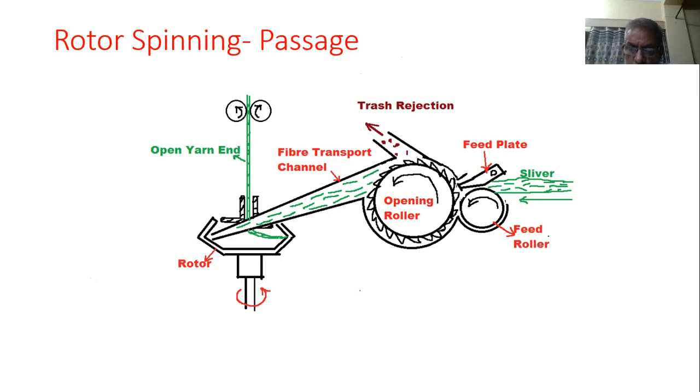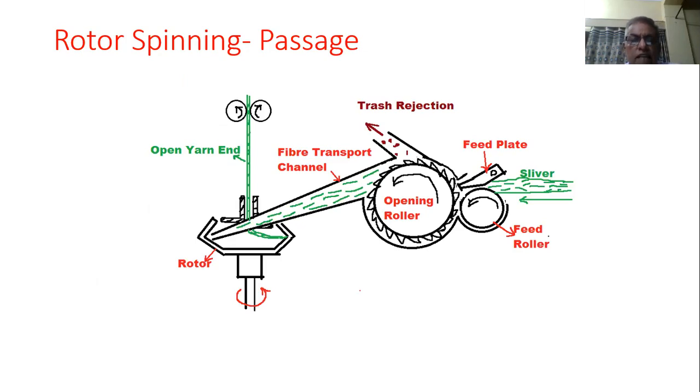So we are feeding sliver, then the opening roller is opening the material up to a single fiber stage, and then these fibers go to the fiber transport channel because of centrifugal force and because there is a vacuum in the rotor. That's why the fibers will be stripped off from the opening roller and they will be traveling in the fiber transport channel.